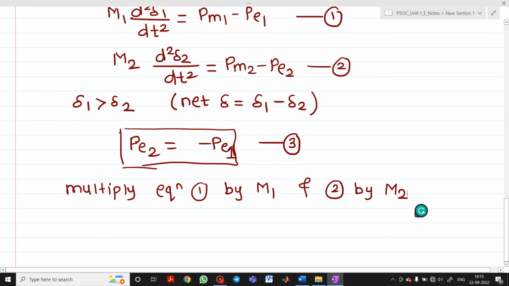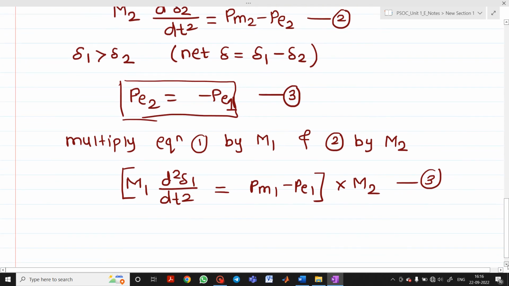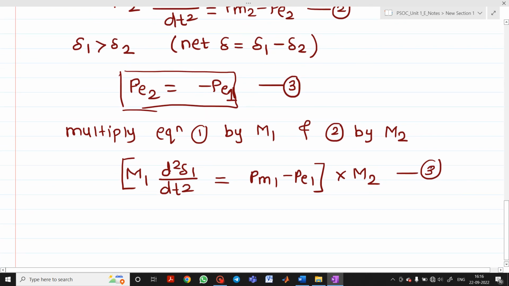If I multiply equation number 1 by M2, M1 d square delta 1 upon dt square will be equal to PM1 minus PE1. To both sides we are multiplying by M2. Let me modify the number: this will be your equation number 4, because 3 we have already given to the earlier equation.